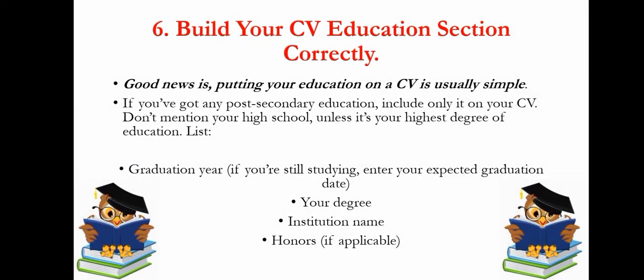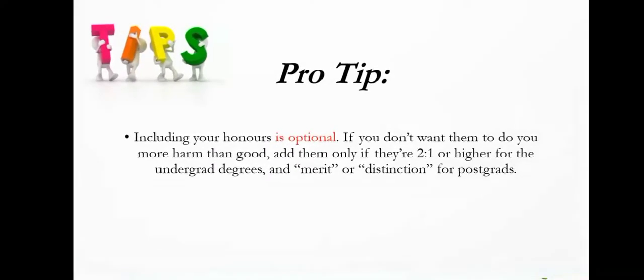Now, the other thing with your CV is that you need to build your education section correctly. With your education section, you need to put the graduation year, your degree, your institution name, and honors if applicable. But including your honors is optional.